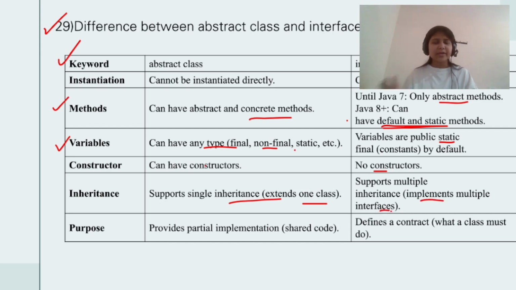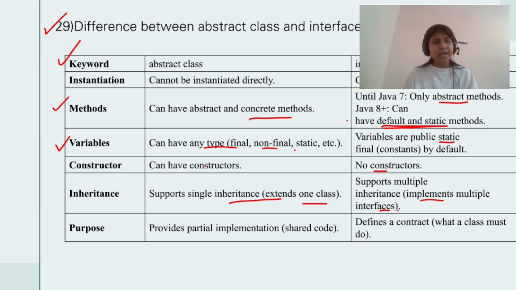If you know about the diamond problem, it can be handled by interfaces. It means that one particular class can implement multiple interfaces, that is what is mentioned. The diamond problem we can overcome with interfaces.